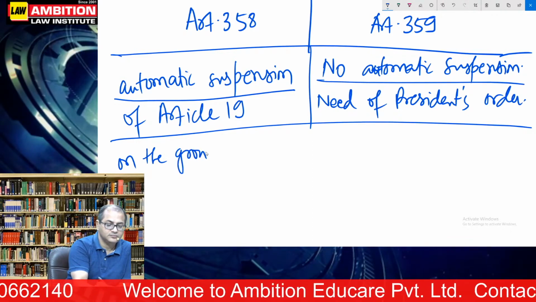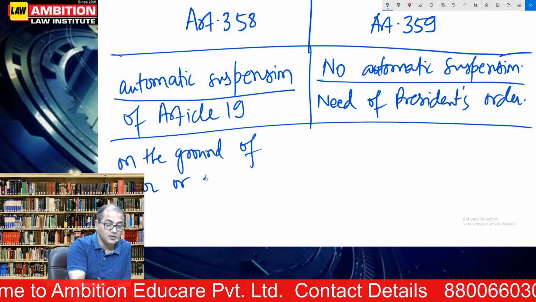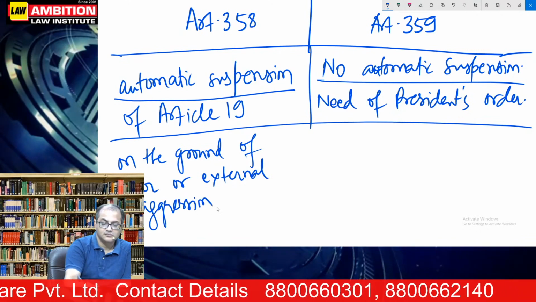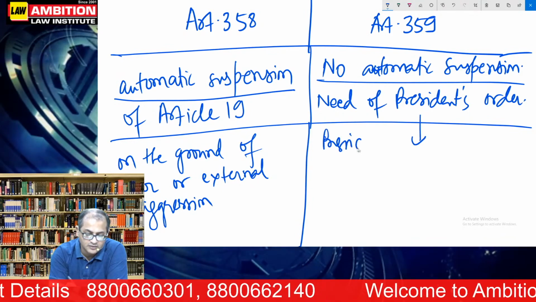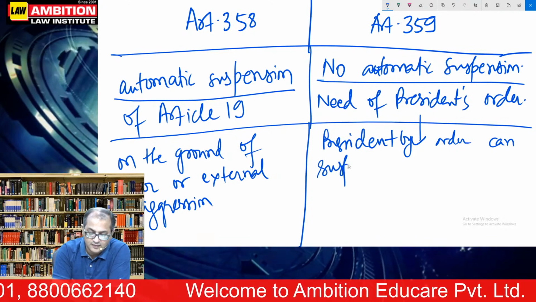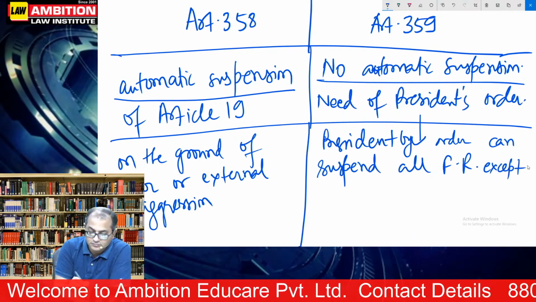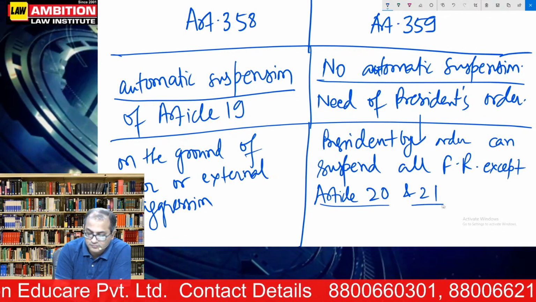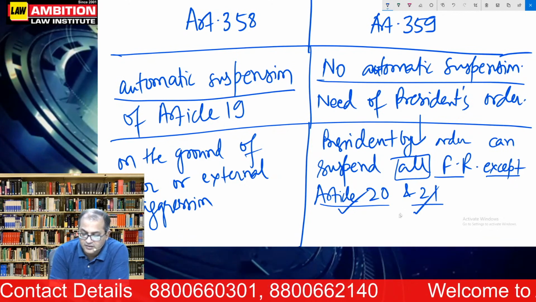On the ground of war or external aggression, here the President by order can suspend all fundamental rights except Article 20 and 21.